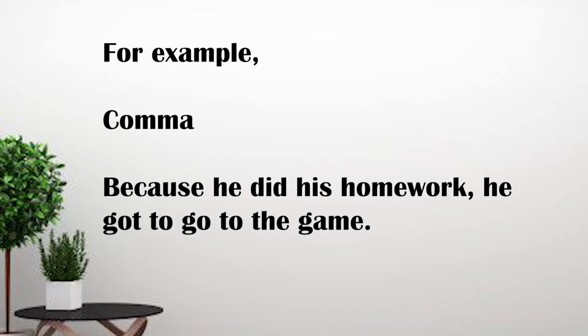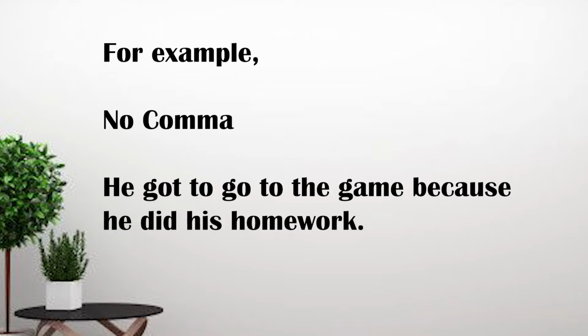For example, because he did his homework, he got to go to the game. In this sentence, the dependent clause comes before the independent clause. That's why we make use of the comma. He got to go to the game because he did his homework. In this sentence, the dependent clause comes after the independent clause. That's why there is no use of a comma.